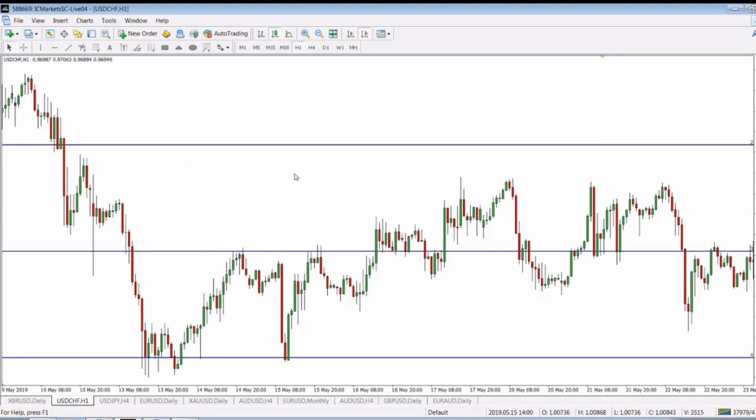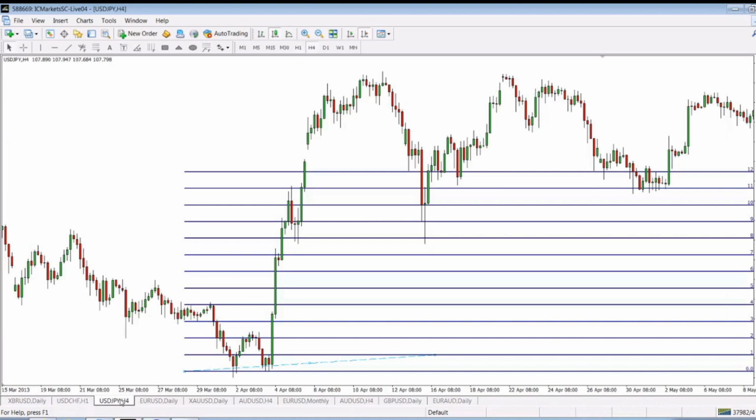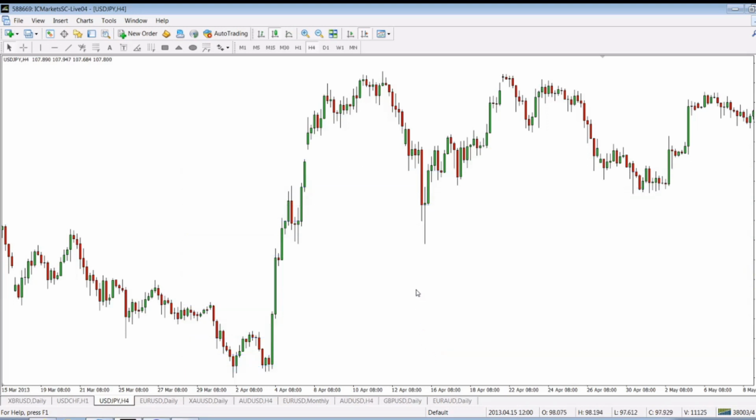Let me show you another one. Another method of how you can use these Fibonacci retracements. First leg, first impulse, or the first candle of the impulse.